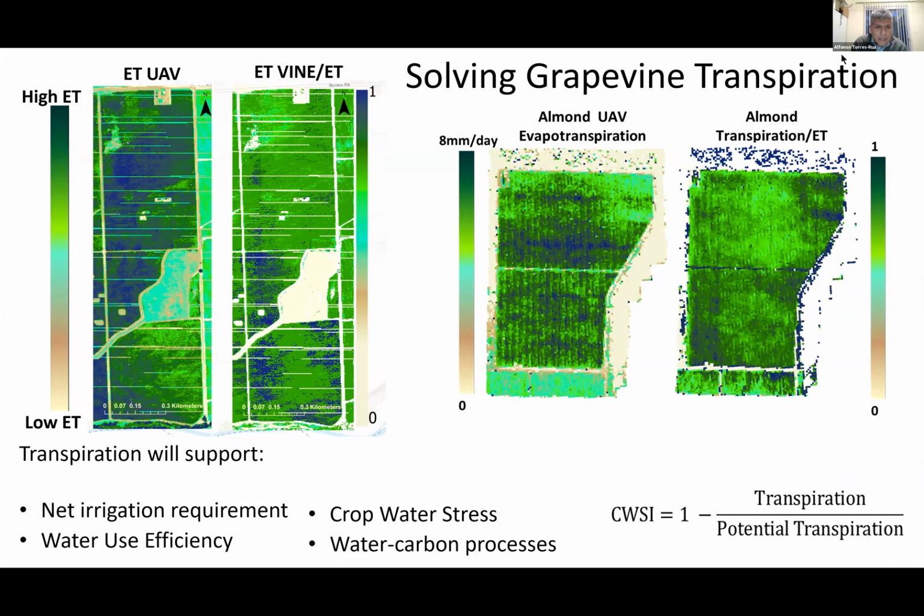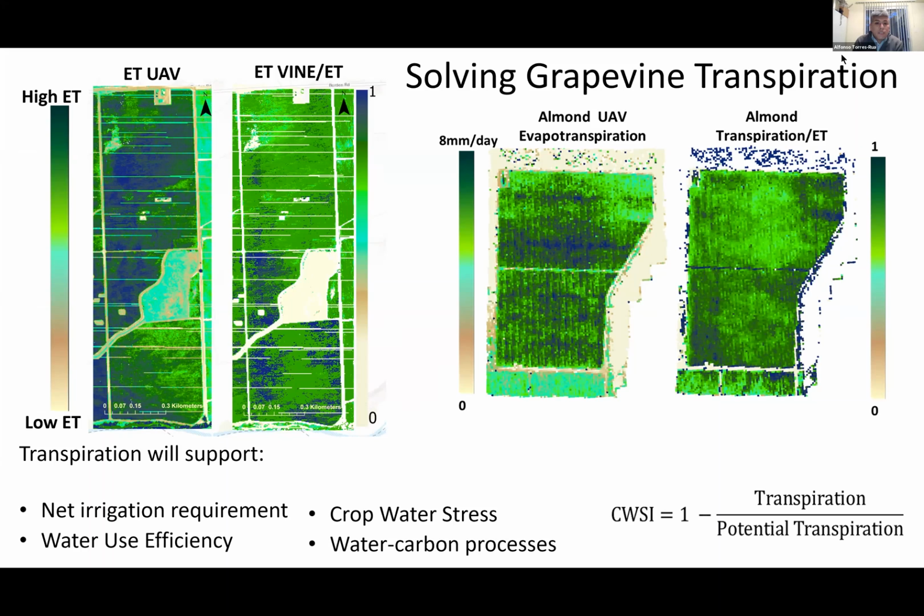I think I made a typo here, but the second map on the left is the transpiration ratio over the total ET. And we can see that the spatial variability might be different than the variability shown in ET.